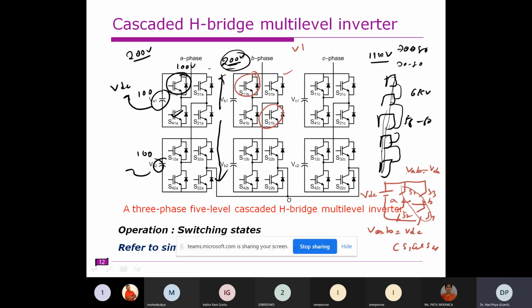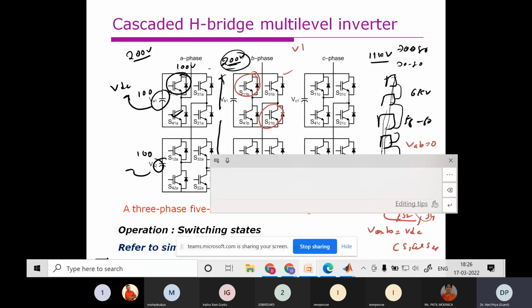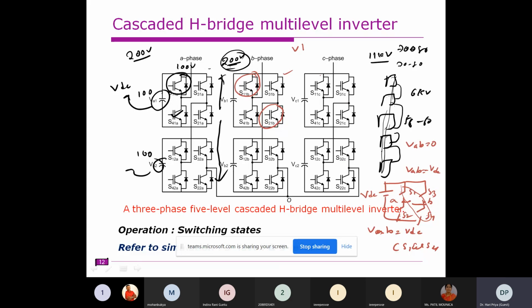Now VAB is equal to 0 when both the upper switches are on or when both the bottom switches are on, because there won't be any return path. If both the upper switches are on, there is no return path, since both the bottom switches are off.